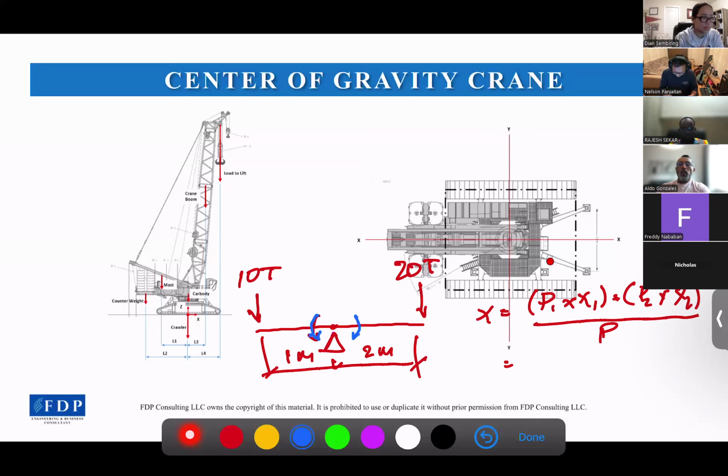So 10 ton times 1 is 10 ton meters. We will use minus here.